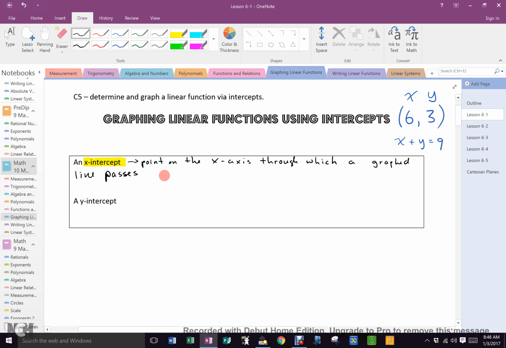Okay. Now, in this space right here, draw a little Cartesian plane. Just a little one. Okay. And then draw this line. Everybody cool with that? How many X-intercepts does that have?